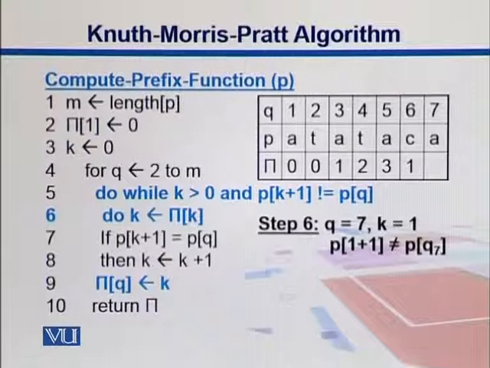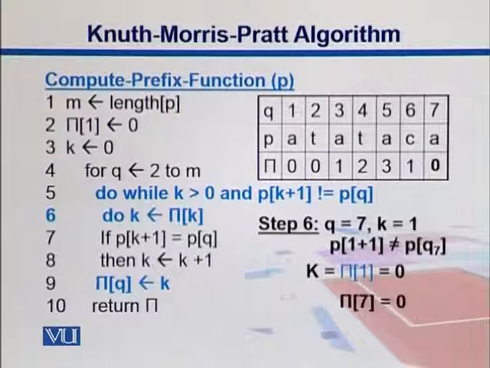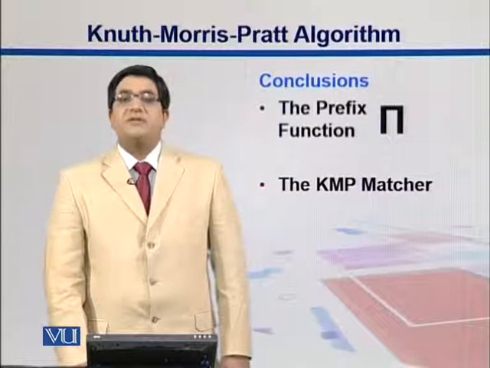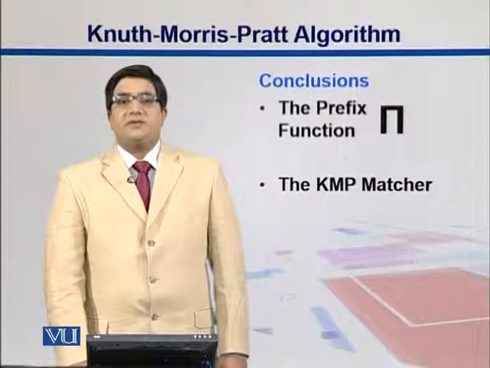No. So we will stay in this condition 5 and 6. And then we will update the K with the pi of K. So at that position, the pi of 1 was actually 0, since our K was 0. So at pi of 7, we will store a 0. So in this way, we have computed this prefix function, and we will use this information when we will do our matching.